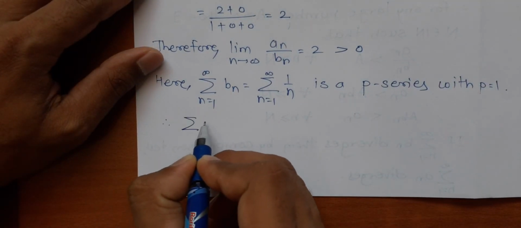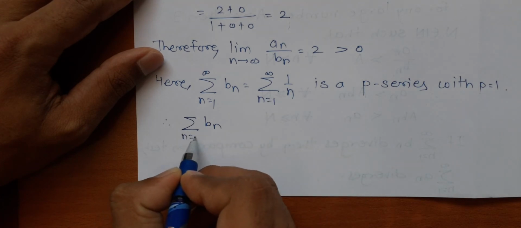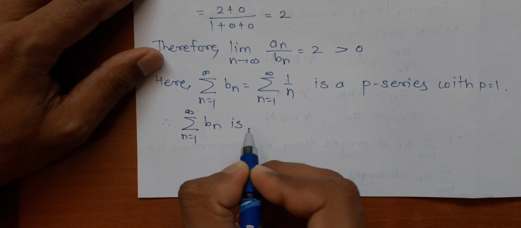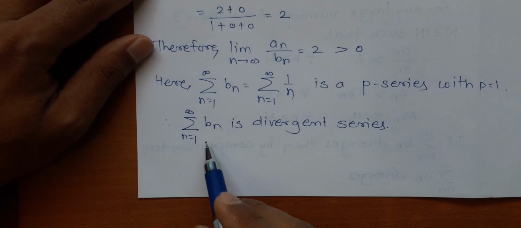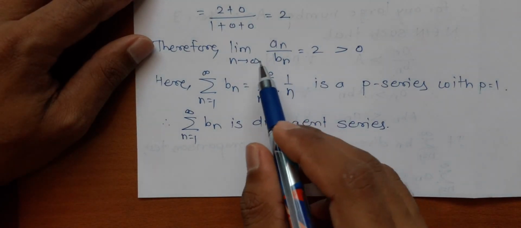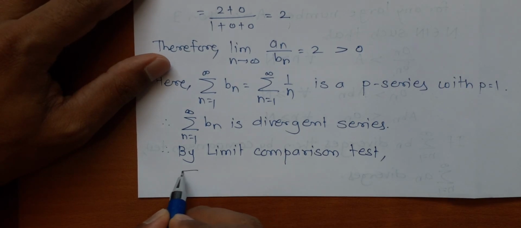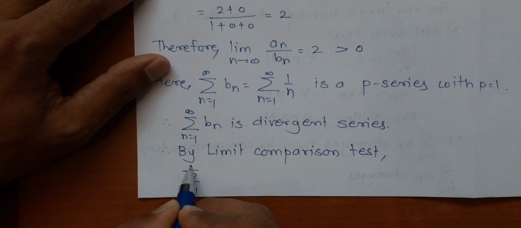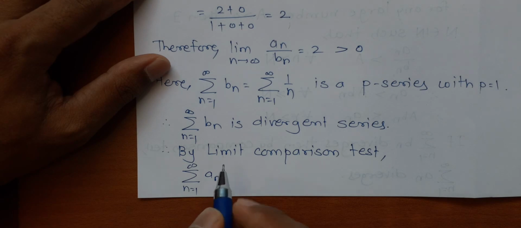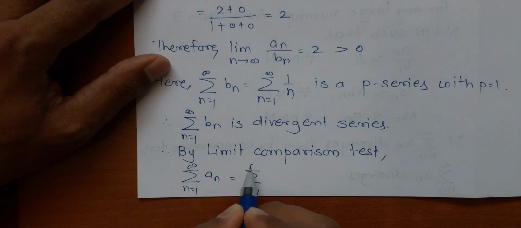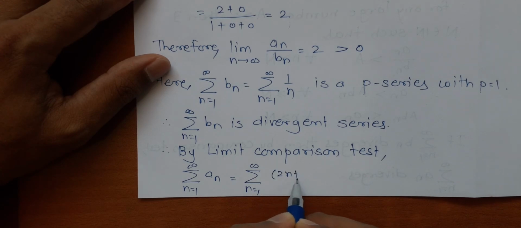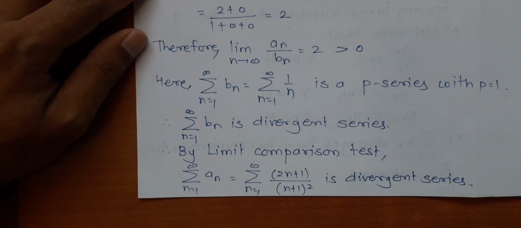Therefore summation b_n is a divergent series. As summation b_n diverges, by the limit comparison test summation a_n also diverges. So the given series, summation (2n plus 1) upon (n plus 1) whole square, is a divergent series. In this way we solve this example.